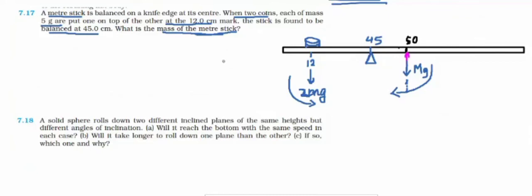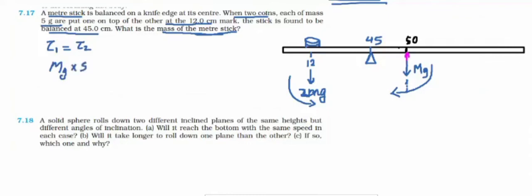So now we can apply rotational equilibrium. Torque on either side equal, tau 1 is equal to tau 2, which means torque is force into perpendicular distance from the axis of rotation.